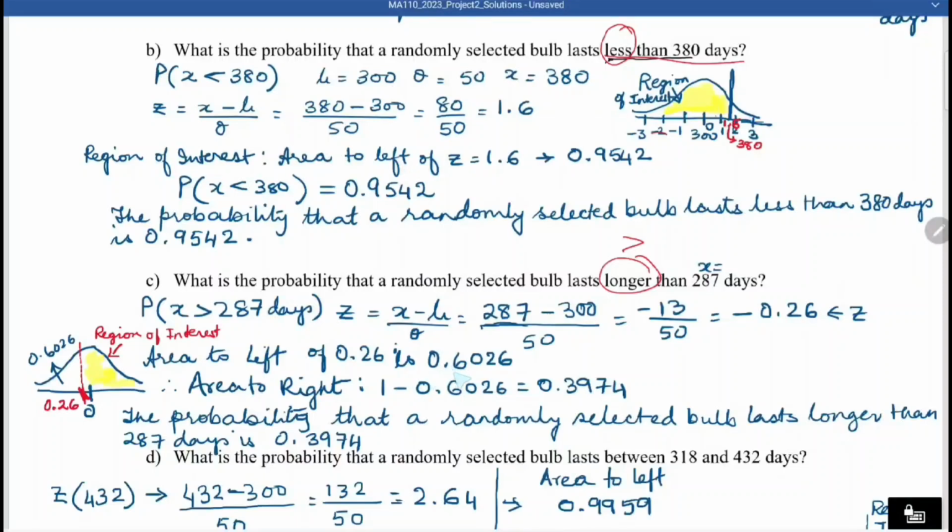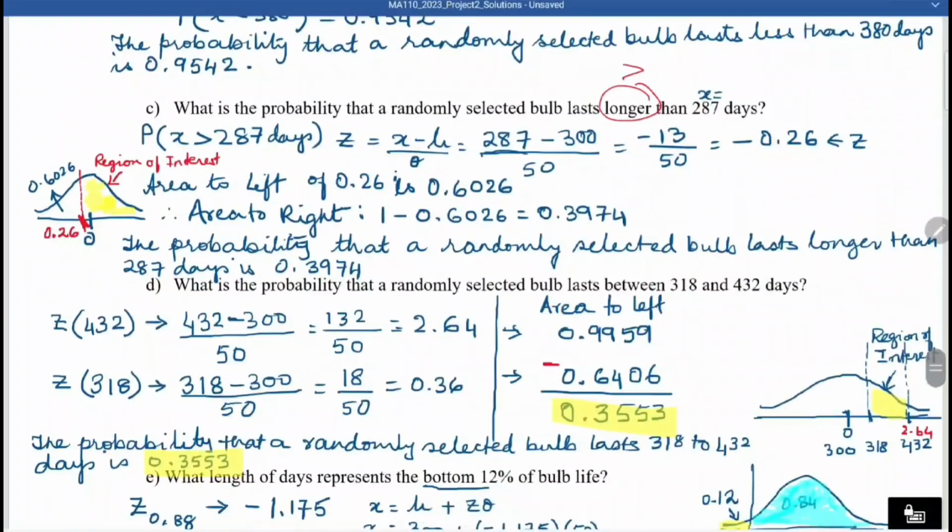From the table, the area to the left of 0.26 is 0.6026. So the area to the right is 1 minus 0.6026, which is 0.3974. So the probability that a randomly selected bulb lasts longer than 287 days is 0.3974.